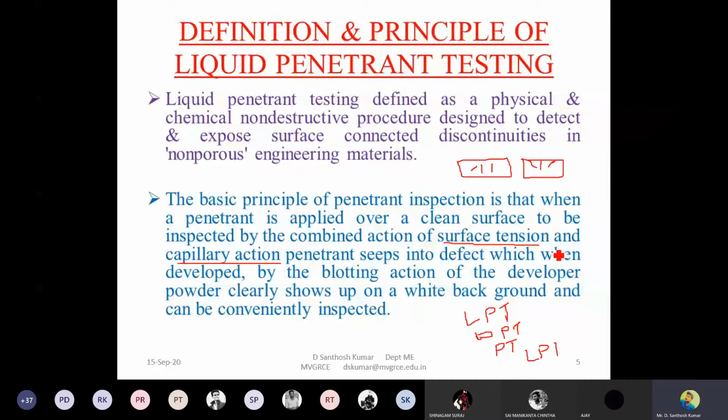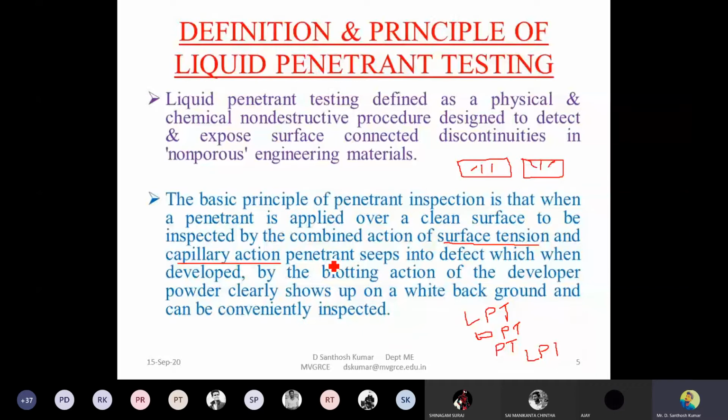Because of these two principles, whatever liquid spreads over the surface simply seeps into the defect, which, when developed by the blotting action of the developer powder, clearly shows up on a white background. So that is the basic principle. Then we will discuss it somewhat more clearly.